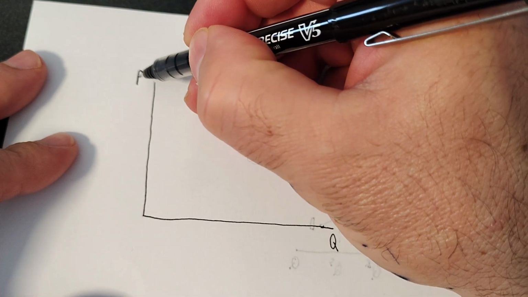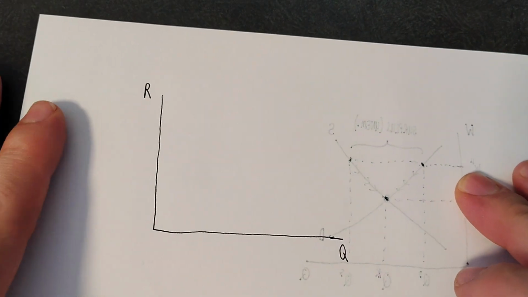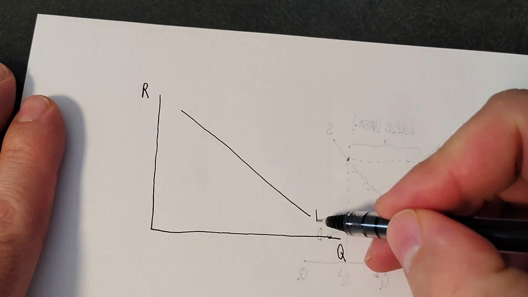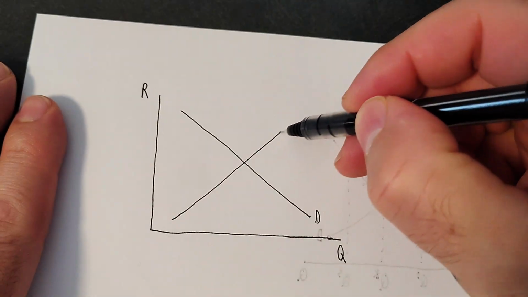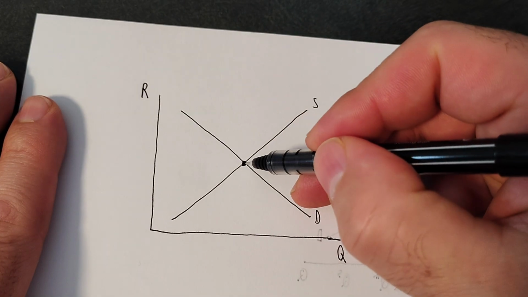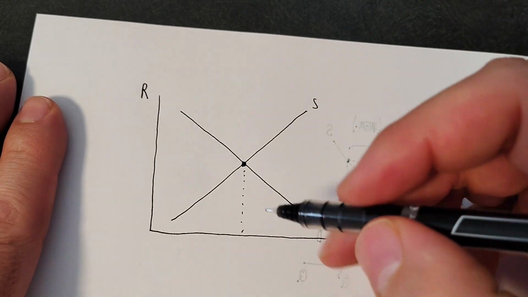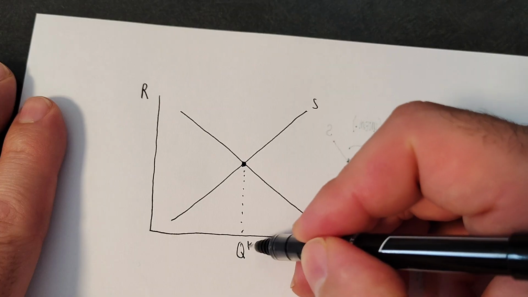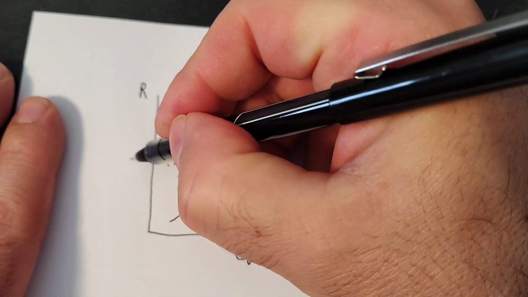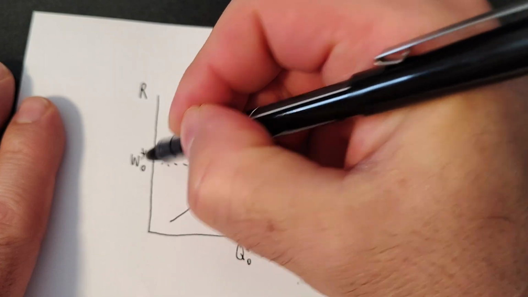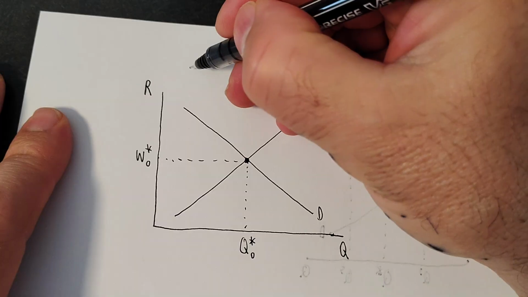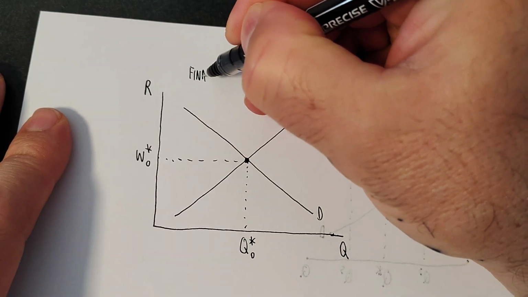It's the interest rate, capital R. All right, and let's put our demand curve and our supply curve. And let's write down financial market.